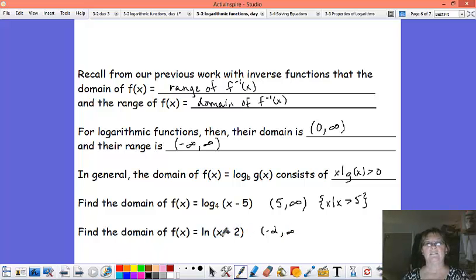Negative 2 would make this 0, but as soon as we get to something bigger than negative 2, like negative 1.5, this becomes positive, and that's all right. In set builder notation, which I happen to like better, as you know, that would be all x such that x is greater than negative 2. And that's the domain rules for logarithmic functions in general.